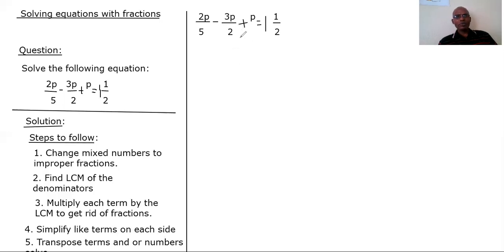I've just recopied the question. That's the starting point. Now, please forgive me here. I'm not using a touch screen. So the shapes of numbers and letters here might be a slight problem, but please just bear with me.